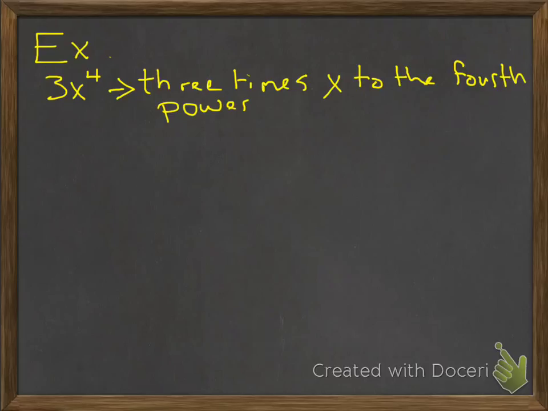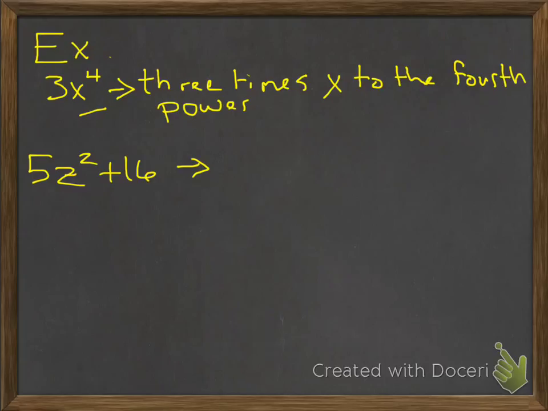Keep in mind, I know that this is just x to the 4th power because I didn't say the product of 3x raised to the 4th power. If I had said the product of 3 and x, raised to the 4th power, that would have been separating it, and there would have been parentheses. So kind of keep that in mind. We're not going to make that too difficult to understand or translate.